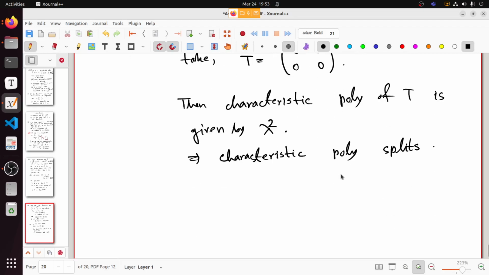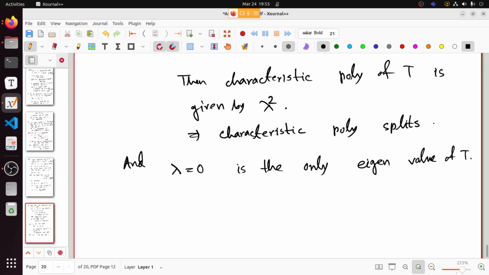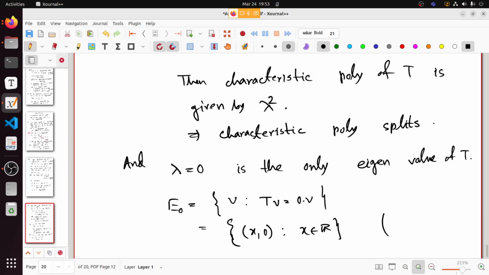And we also computed that lambda equals 0 is the only eigenvalue of T, and the eigenspace E0 is all such v such that Tv equals 0 v, which we showed earlier is (x, 0) such that x is in R, as shown in the first question.